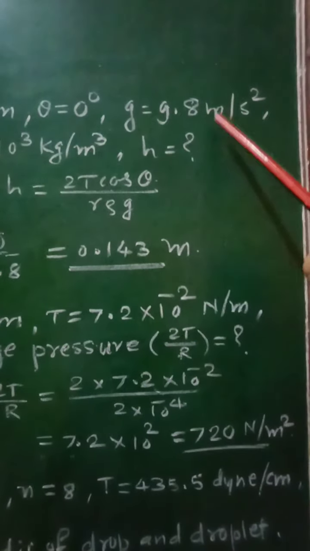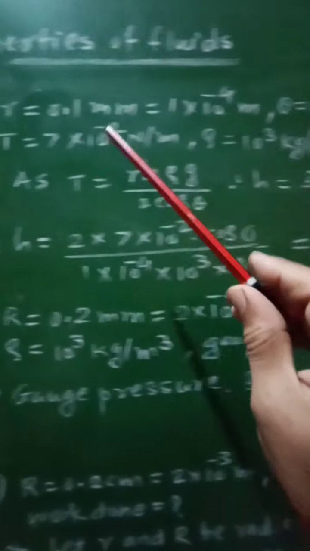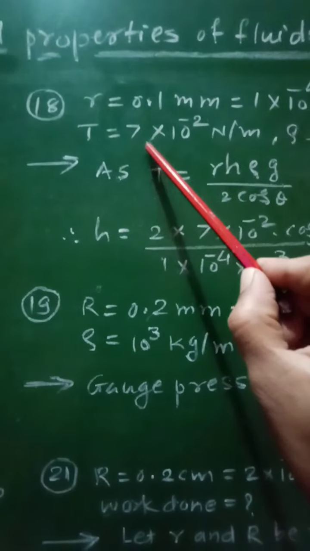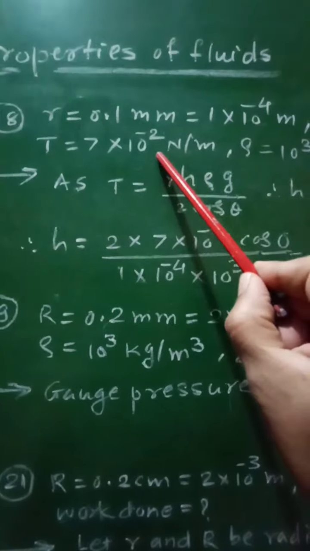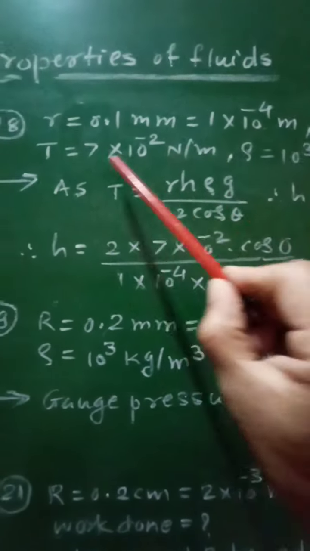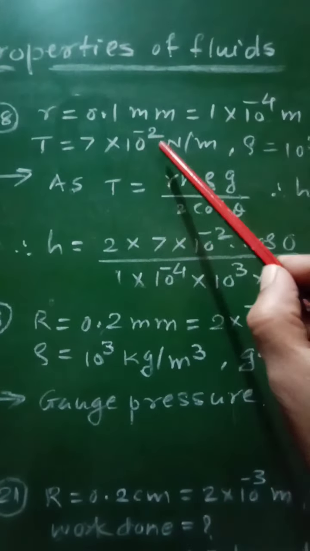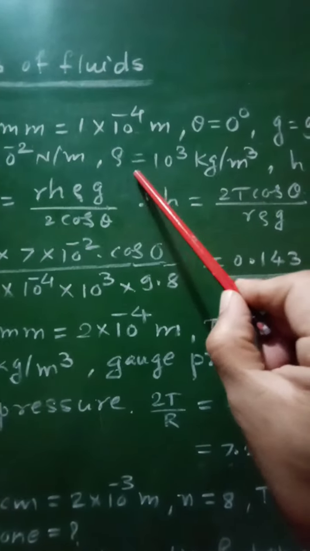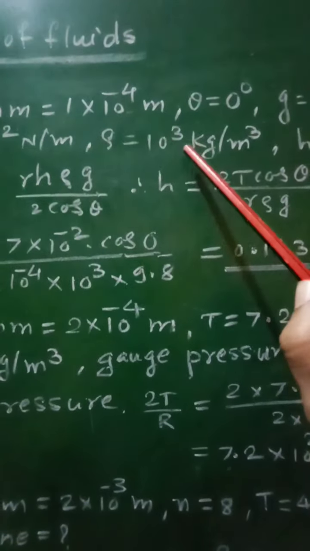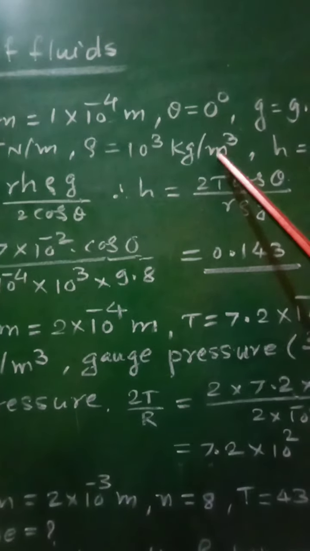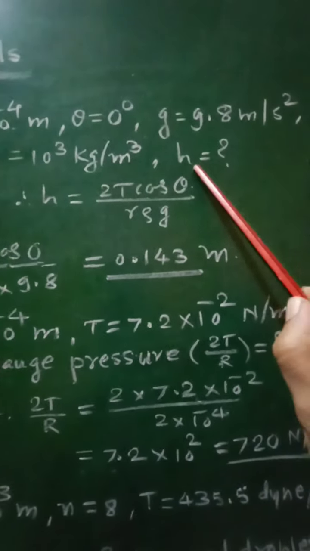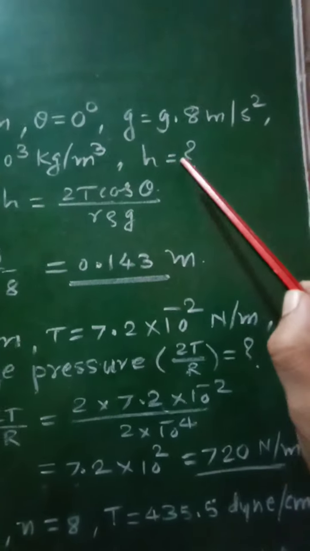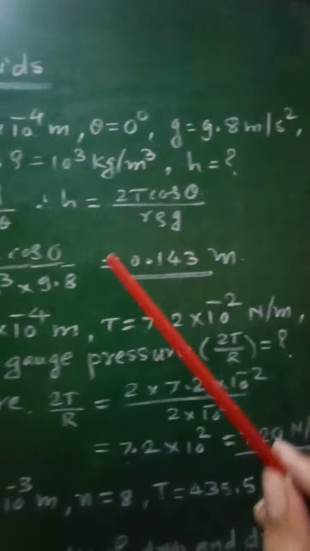Then T is equal to 7 into 10 raised to minus 2 Newton per meter. Density rho is equal to 10 raised to 3 kilogram per meter cube, and we have to find height of the liquid column, that is h equal to question mark.